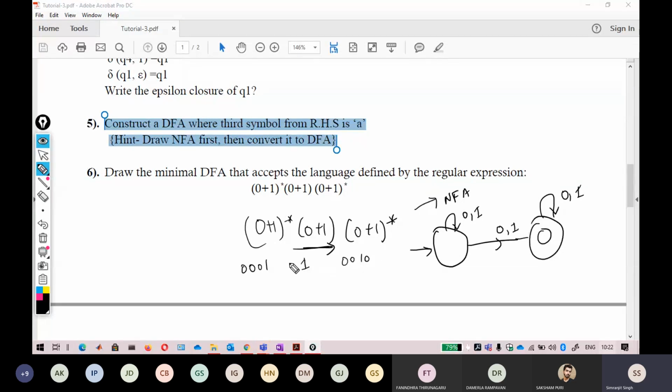If you clearly see this, again, if you draw the NFA and convert it into a DFA, you will find the possible result. But if I just delete this part and convert it into a simpler form, what will happen?